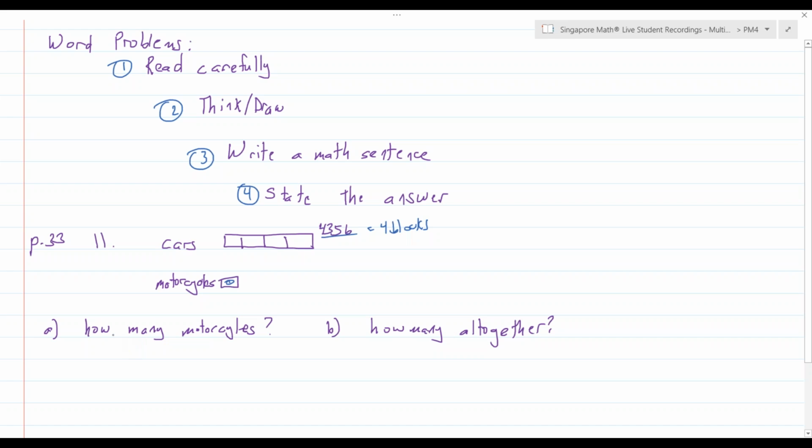So the math sentence that I want to write will be 4,356 divided by 4. One of those blocks will tell me how many motorcycles I have, because each block is the same, and they're 4,356 divided into 4 equal groups.